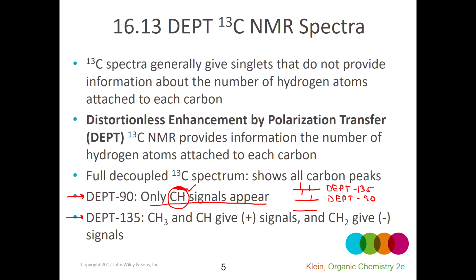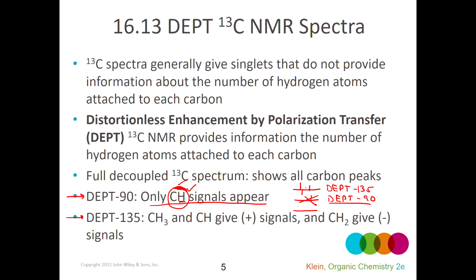They may be CH3s or CH2s, so we can't read too much into what we're seeing on our DEPT 90s, but when it's done properly, the DEPT 90 would only show signals for carbons that have exactly 1 hydrogen attached. Any carbon with 0, 2, or 3 hydrogens attached would not appear in the DEPT 90 spectrum. So if I give you an example on an exam, you can assume that the DEPT 90 is properly working and that any signal there is indicating that carbon has only 1 hydrogen.